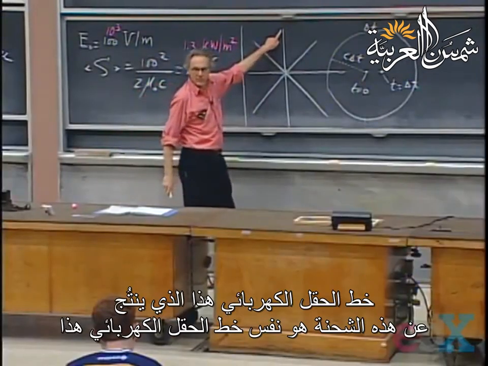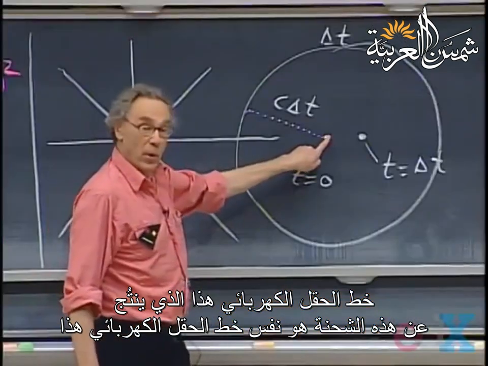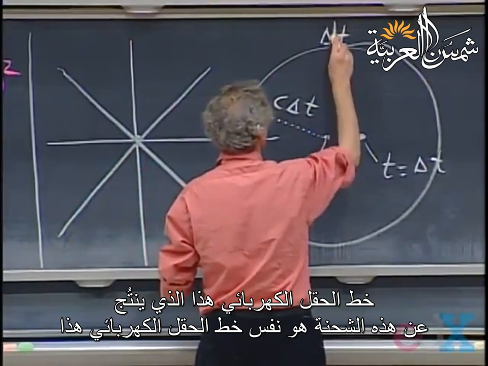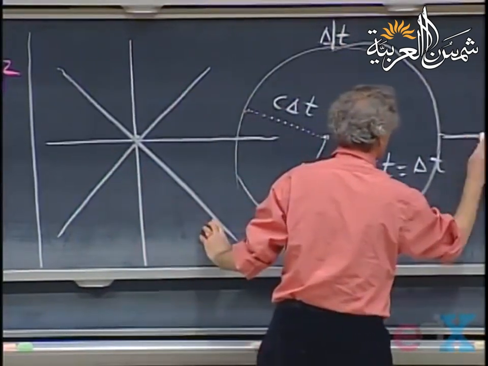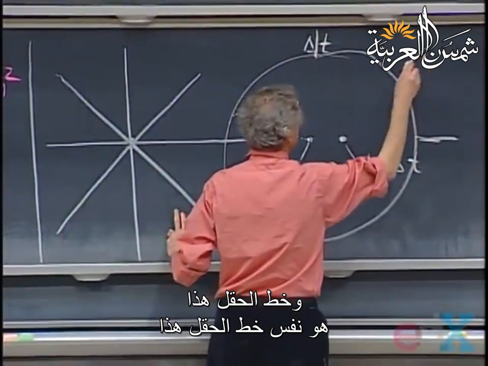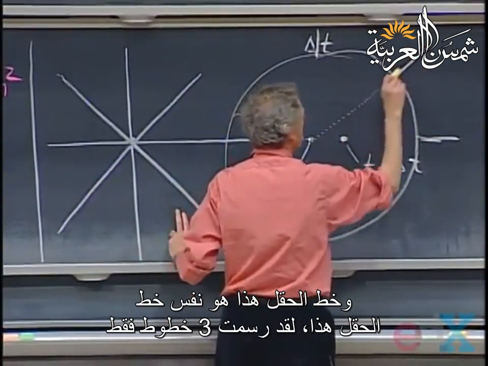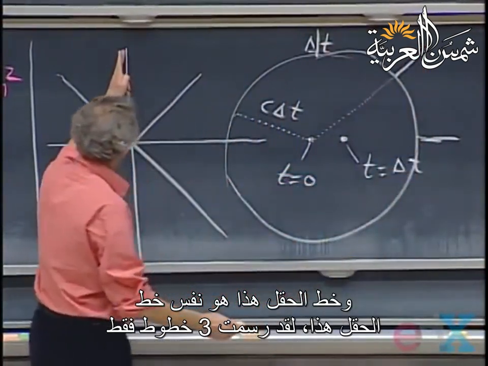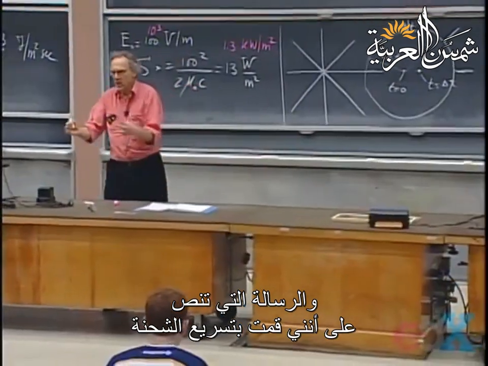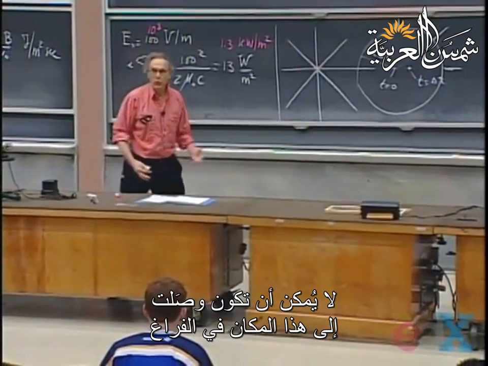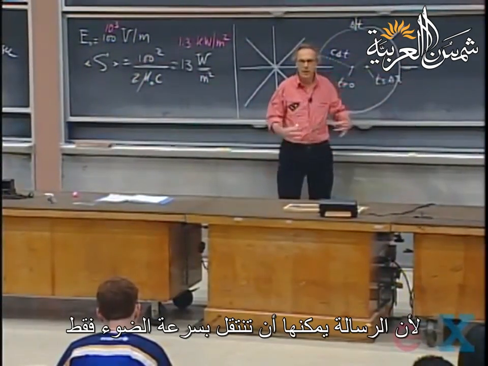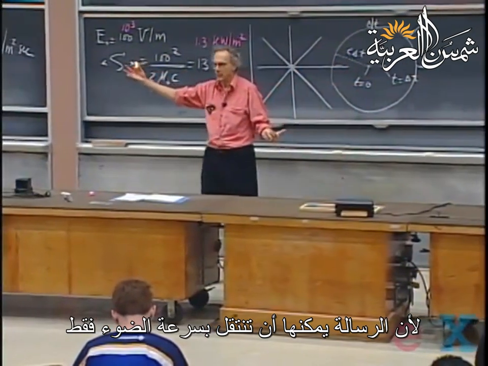This field line, which was the field line that goes with this charge, is here. And this field line is here. And this one is here. I only draw three. And the message that I accelerated this charge could not possibly have reached this location in space, because that message can only travel with the speed of light.